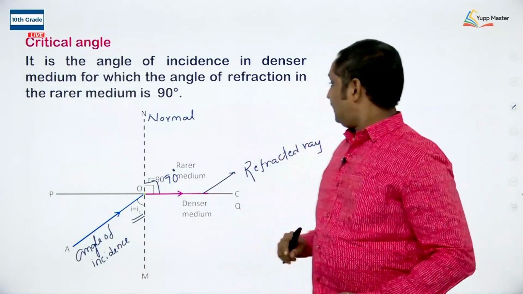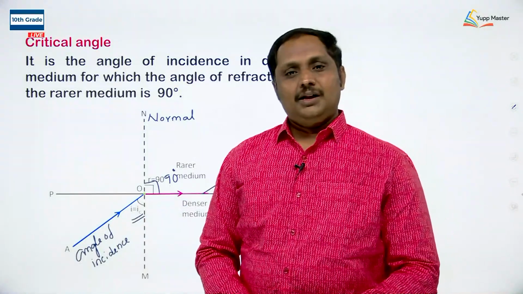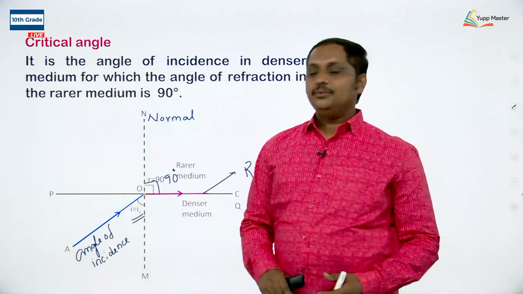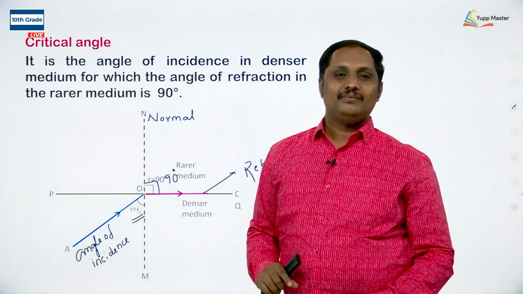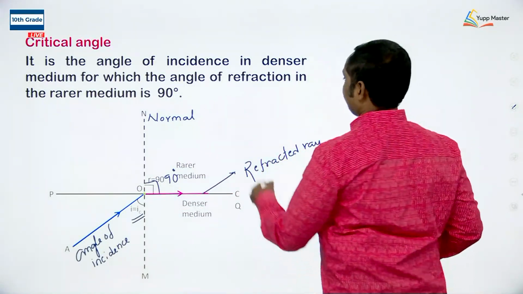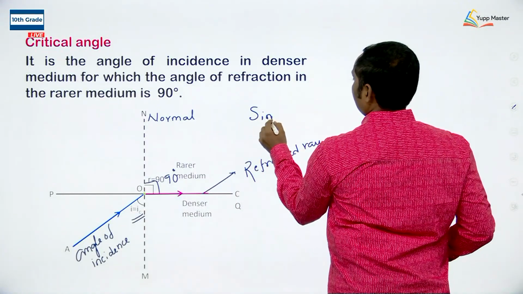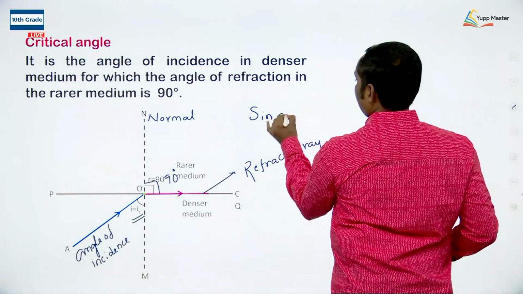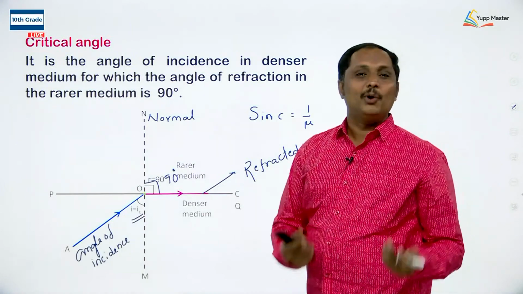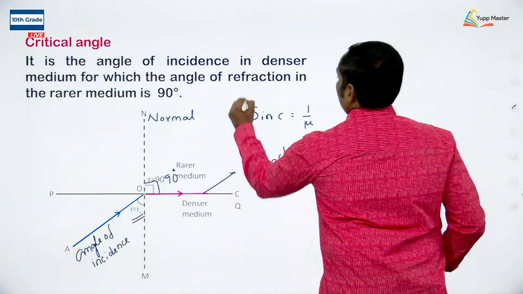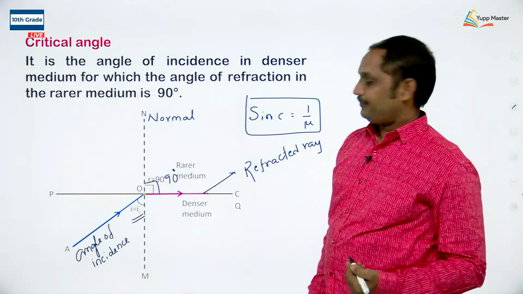So, in the given problems also, the refractive index is related to critical angle, that is sin C is equal to 1 by mu. That is very, very important. So, we have obtained this relation by applying Snell's law only.